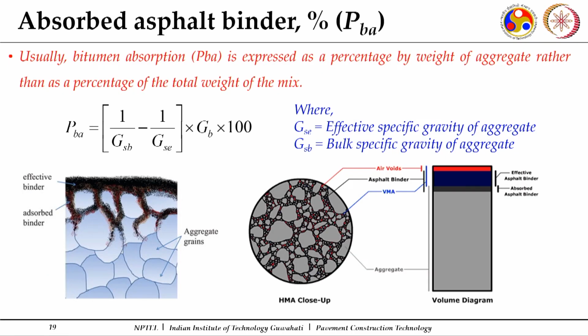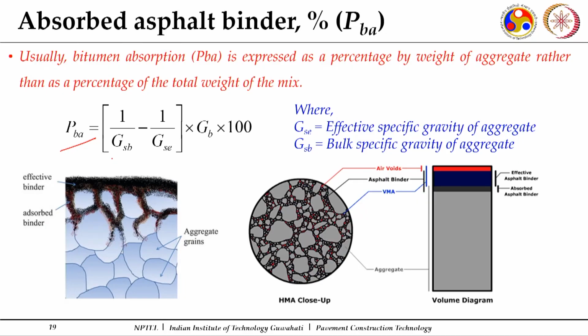Then as I mentioned, in certain cases we need to work out the amount of binder which is absorbed in the aggregates. For this particular one, you need to know the effective specific gravity and the bulk specific gravity already. Since GMM is determined, you know the effective specific gravity. So from this particular expression, you get the percentage of bitumen absorbed in your mix.